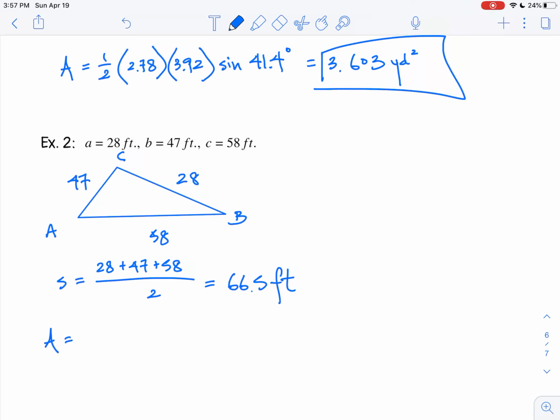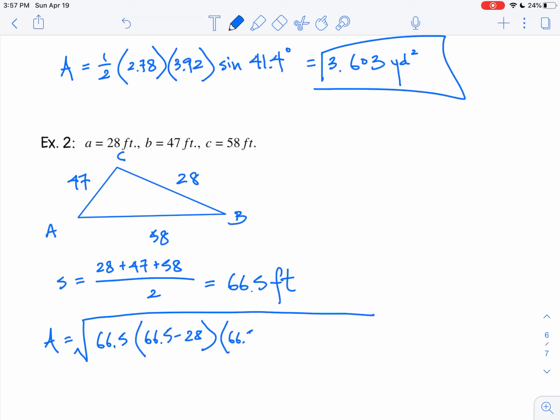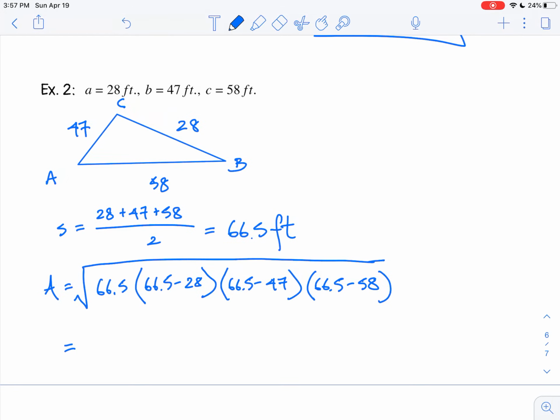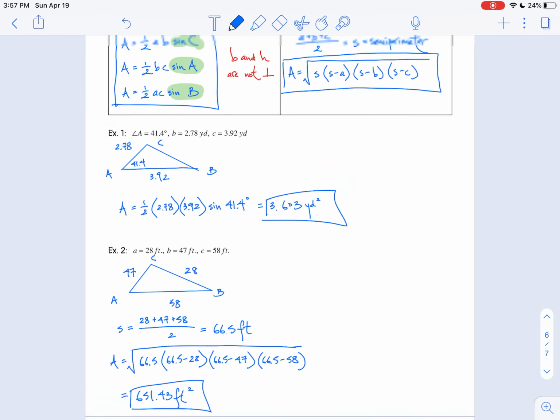That's not my area though, because to find the area, I need to take the square root of S times S minus A times S minus B times S minus C. Let's plug this all into our calculator, and I get an area of 651.43 square feet.